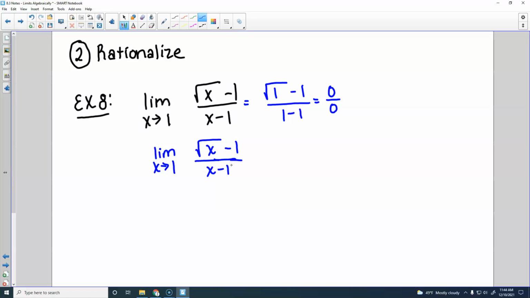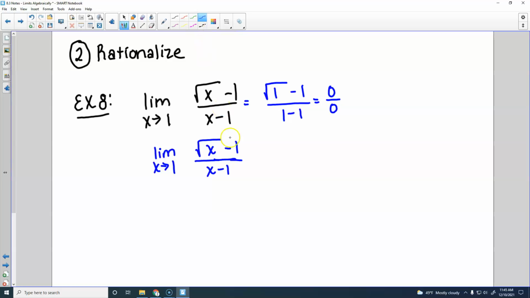Typically, we rationalized the denominator whenever we were doing radical stuff, right? We didn't want that square root in the denominator. When it comes to limits, if we can get rid of the square root on whichever side it's on, we can probably cancel something out eventually and solve the problem.